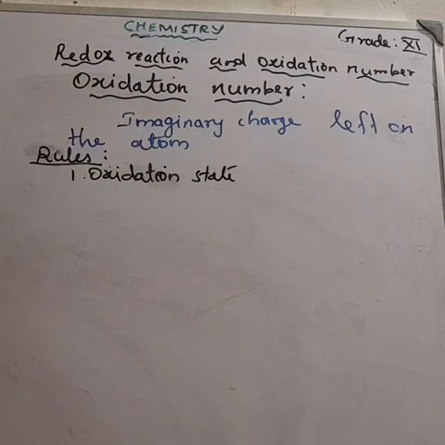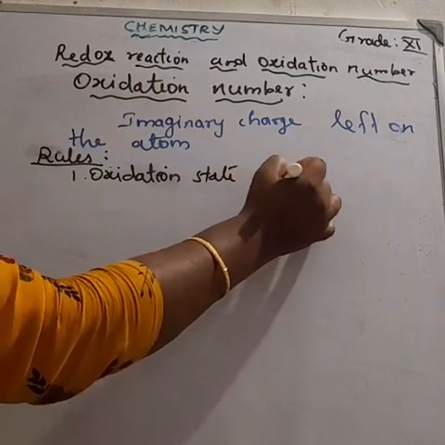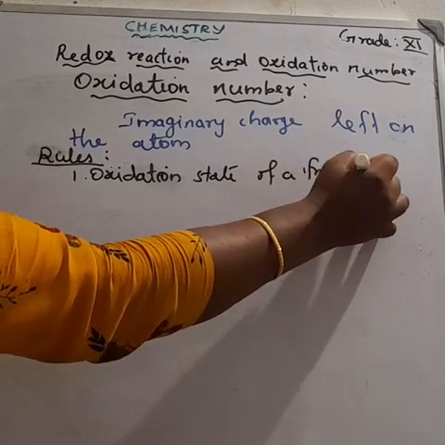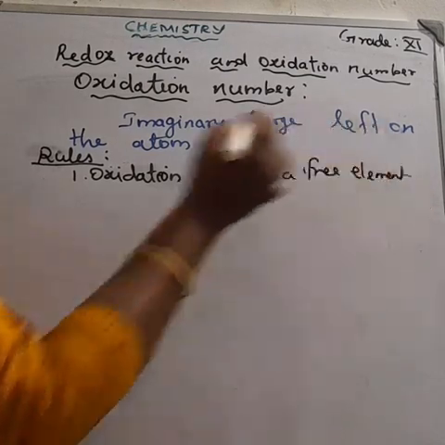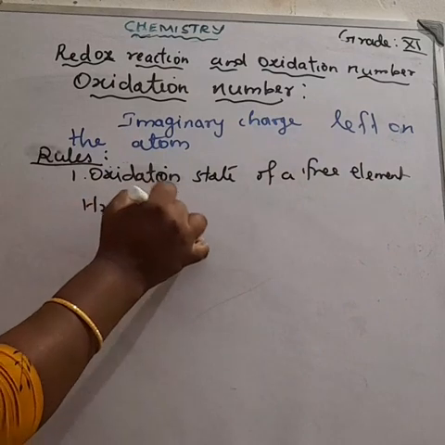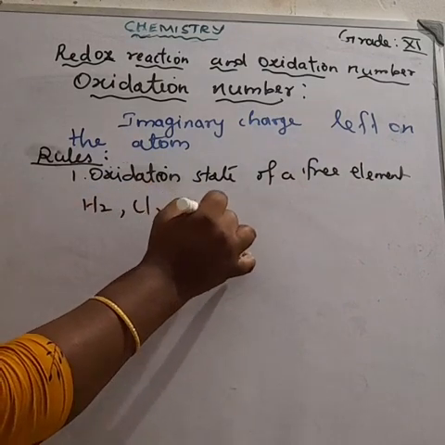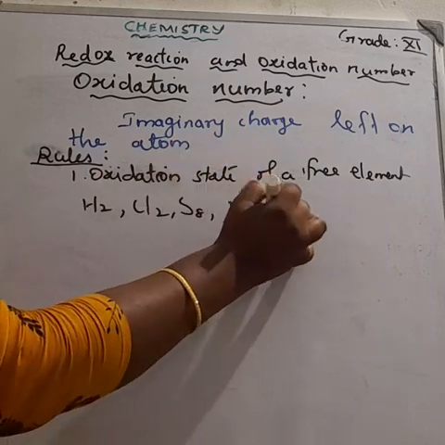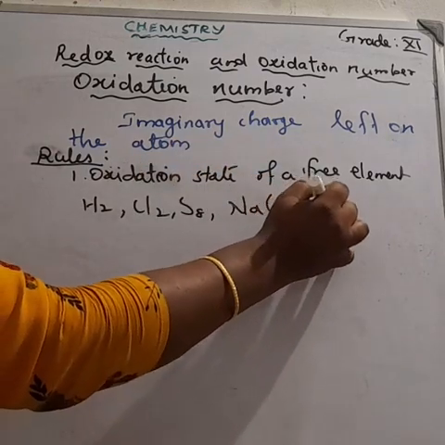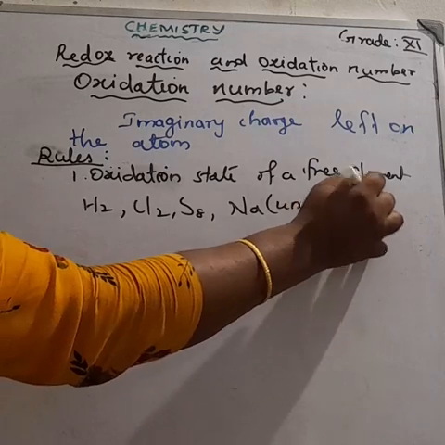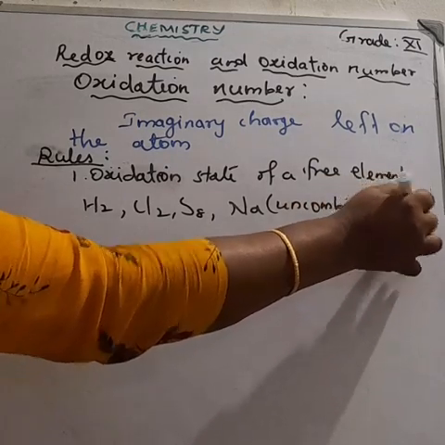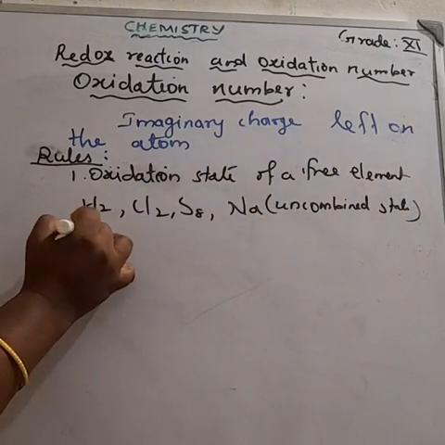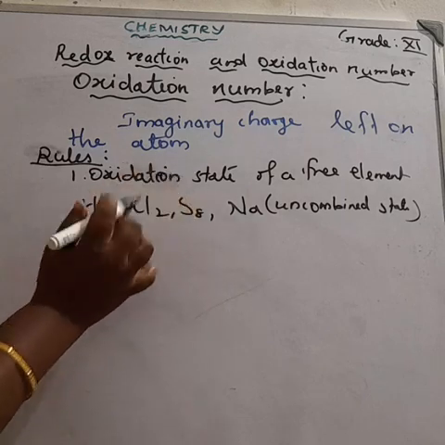For example, hydrogen H2, chlorine Cl2, sodium Na, sulfur. These elements are in the free state. Understand? So the oxidation state of these elements is 0.